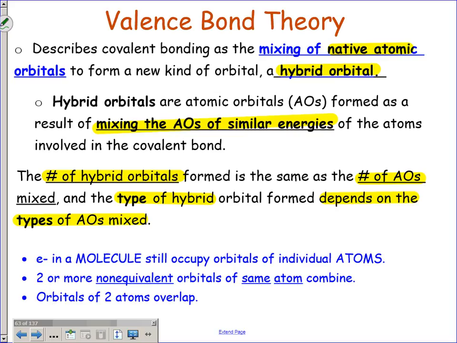Okay? So we're taking covalent bonding, normal covalent bonding, where we normally do some overlapping of orbitals. We're taking the native atomic orbitals, which are things like s, p, d, and f shaped orbitals, which we know have special shapes: spherical, dumbbell, double dumbbell, flower.